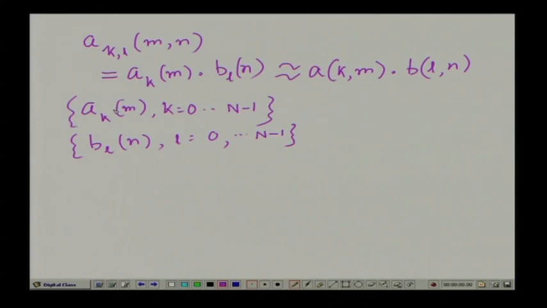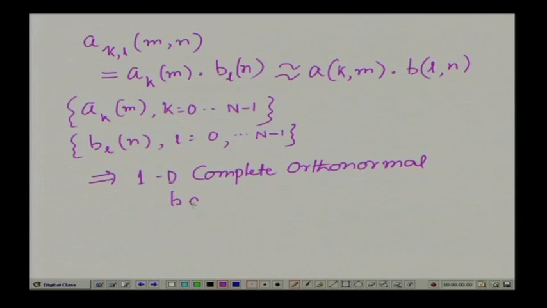So, both A(k,m) and B(l,n) are one dimensional complete orthonormal basis vectors.